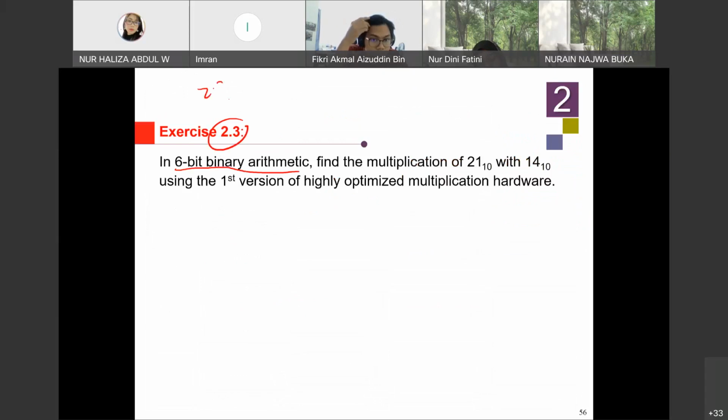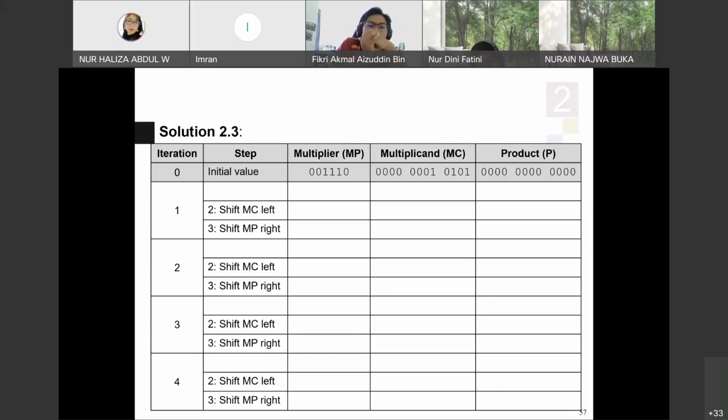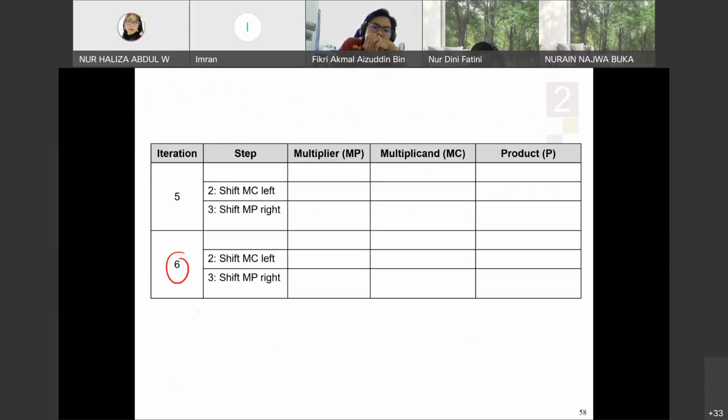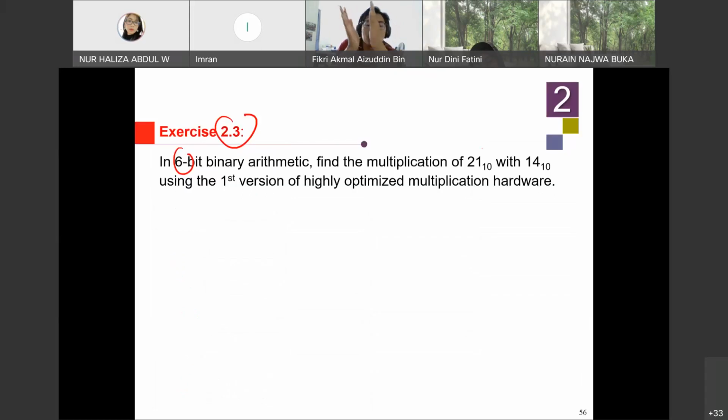For 2.2, you have 4 bits only, similar to your 2.1. 2.3 is 6 bits. That's why your table is going to be quite long, because you're going to reach 6 times. That is the only difference, similar to the value here.